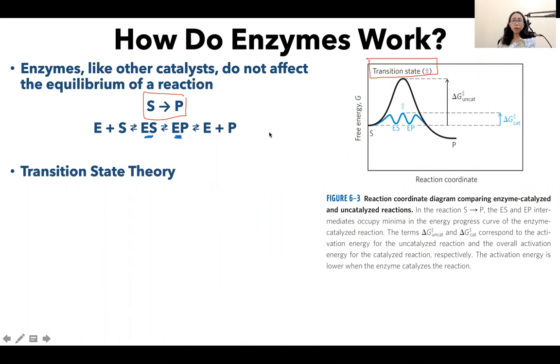So in the same way, in the catalyzed reaction coordinate diagram, then we can imagine the transition state between a free substrate and a substrate that is not yet bound to the enzyme, but almost there. So that's your transition state.